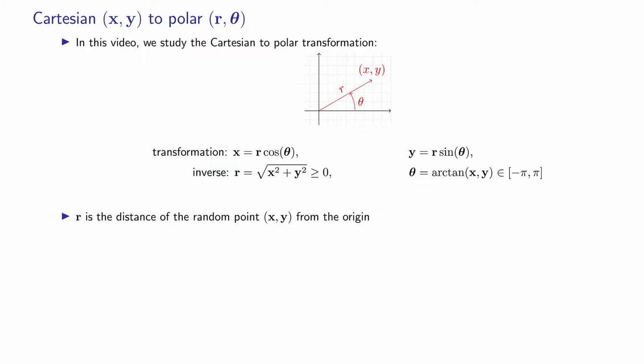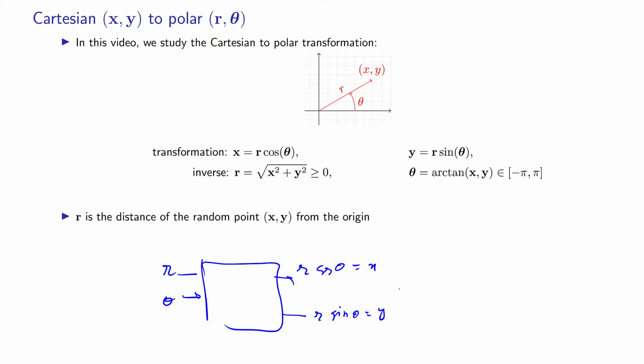In other words, if you have r and theta, you give it to this box, and then here you get r cosine of theta, which is your x coordinate, and then you get r sine of theta, which gives you the y coordinate. Or you could do the other way around.